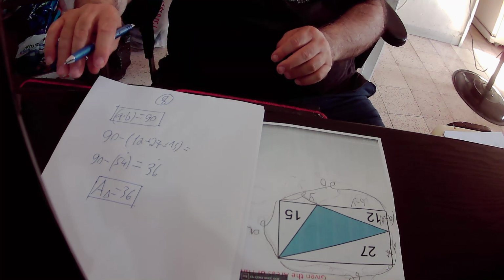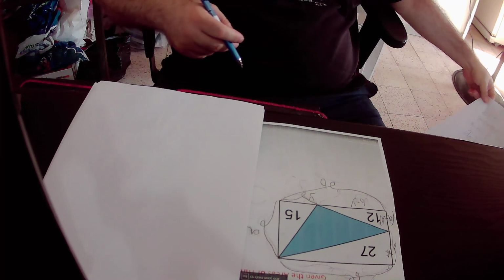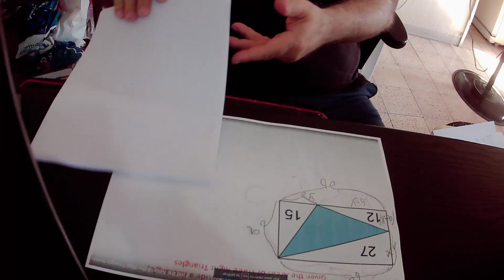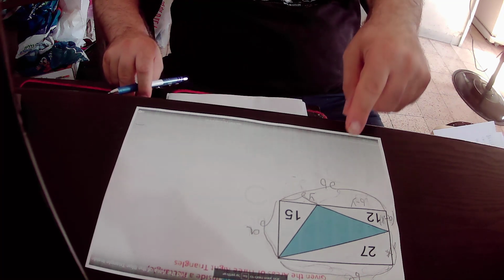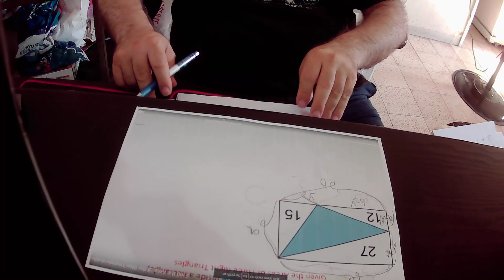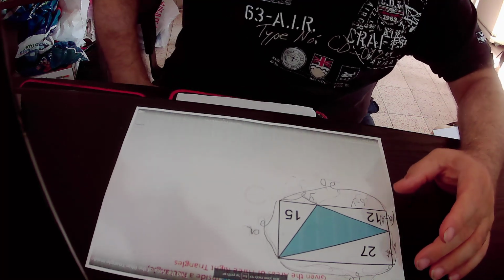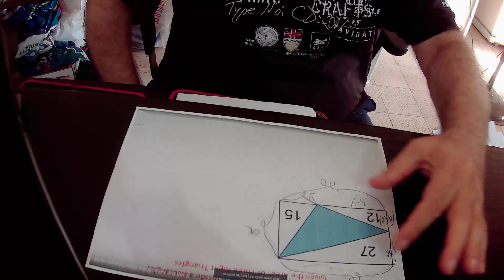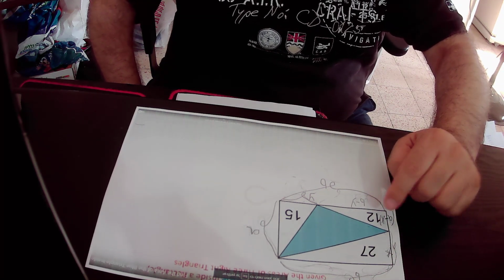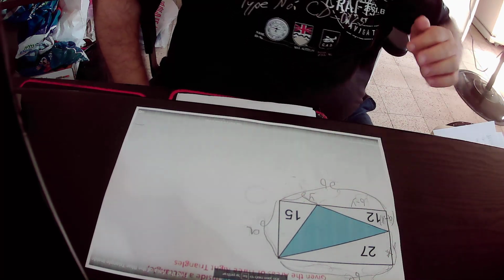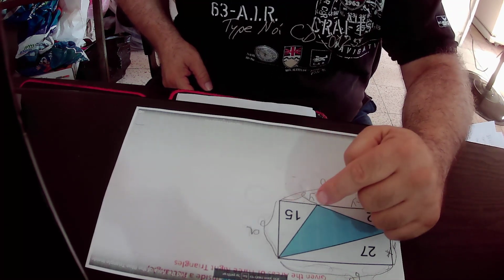Okay, so I will summarize the lecture. Actually, we wanted to find the area of the blue triangle, and as I already told you, the area of the blue triangle equals the area of the rectangle minus the total areas of the three right triangles, because the areas of those three right triangles are given to us.